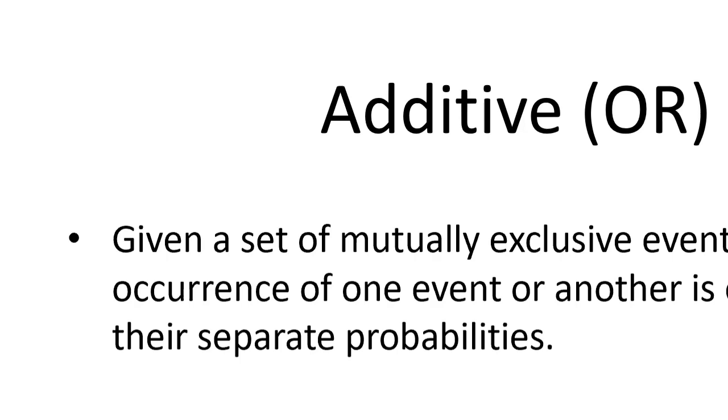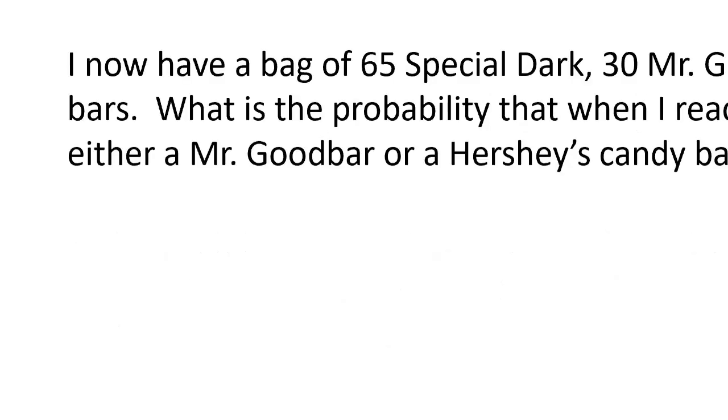So basically, you would add the probabilities together if you want to know the likelihood of two or more events occurring for one outcome. So it's important to note that there's one outcome, but we're talking about the probability of the potential for multiple events potentially occurring for that outcome.